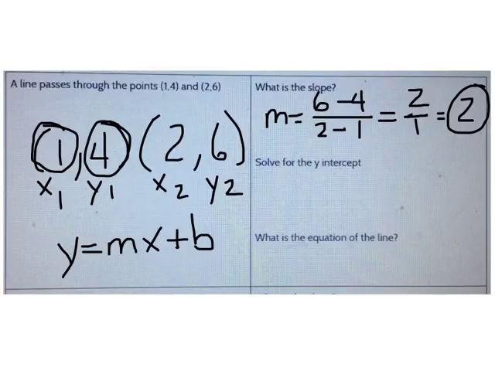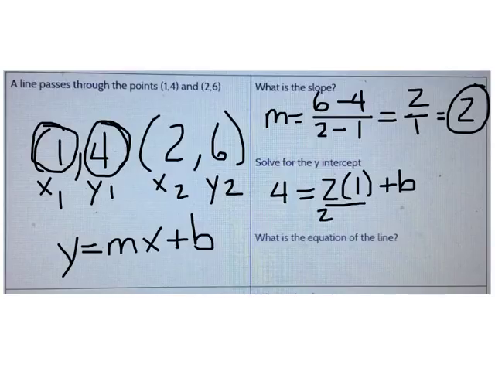So I can write 4 equals 2 times 1 plus b. Now I can solve the equation for b. First, I can multiply 2 times 1. What's 2 times 1? It's 2. So 4 equals 2 plus b.